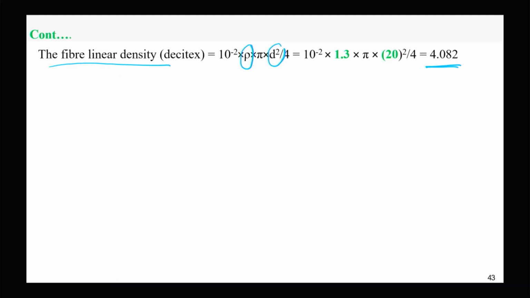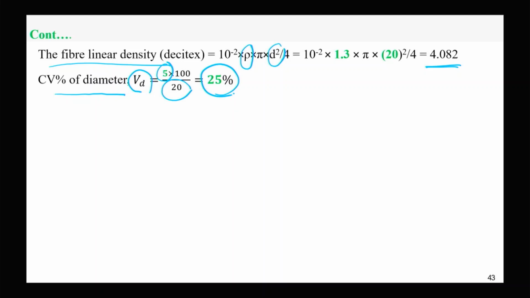Using the relationship we have discussed in fiber fineness, the coefficient of variation of fiber diameter Vd is calculated. The standard deviation is given and 20 micron is the mean diameter. So 25% is the CV of diameter.